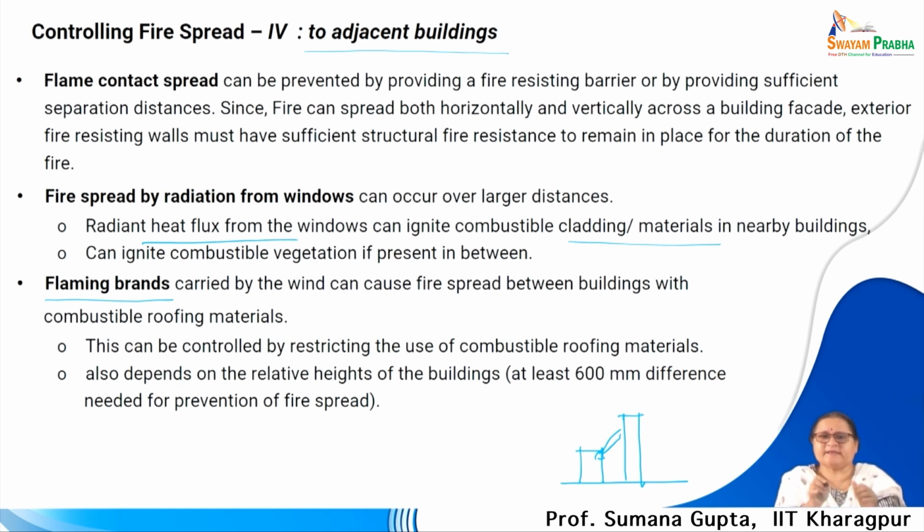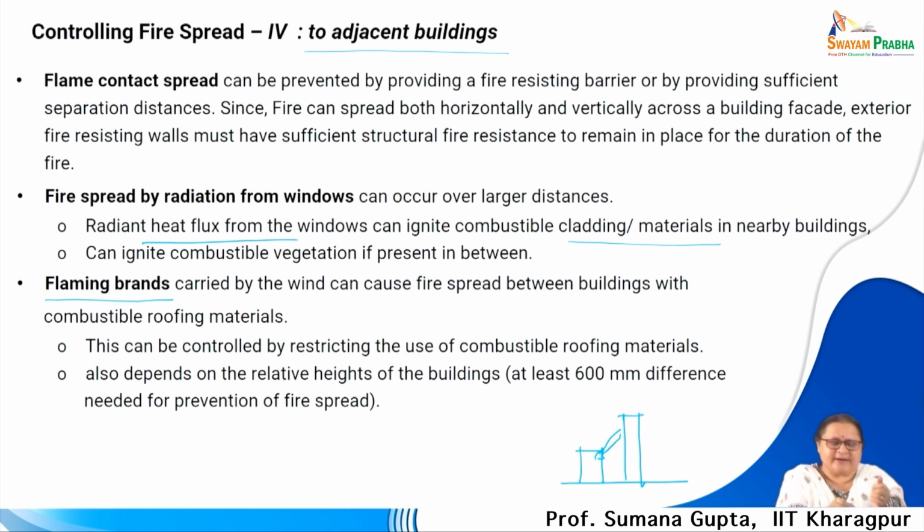It may be ACP coatings, it may not be a rated wall. It may be another window which is kept open, through which the radiant heat can lead to fire catching onto any flammable material. So, we have to be particular what building is sitting next to it.